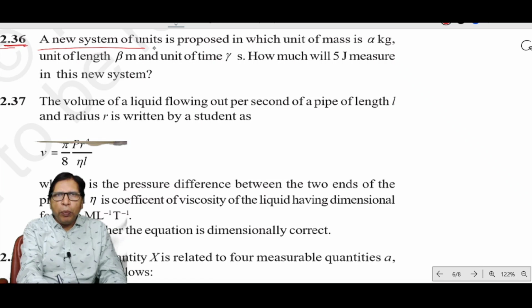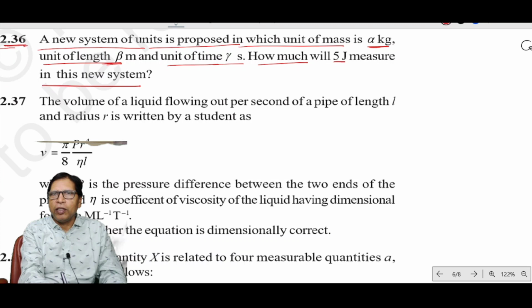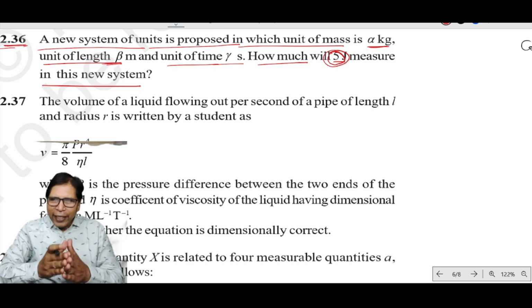Now a numerical. A new system of units is proposed in which the unit of mass is alpha kg, unit of length is beta meter, and unit of time is gamma second. How much will 5 joule measure in this new system? So 5 joule is the unit of energy in the SI system.